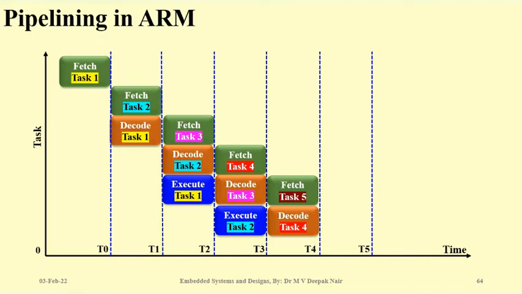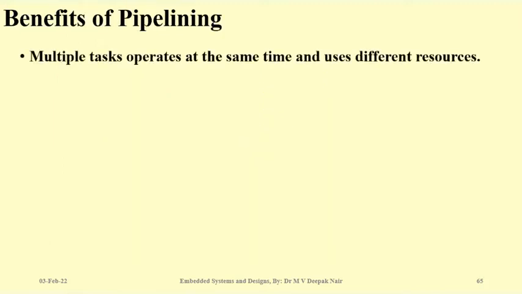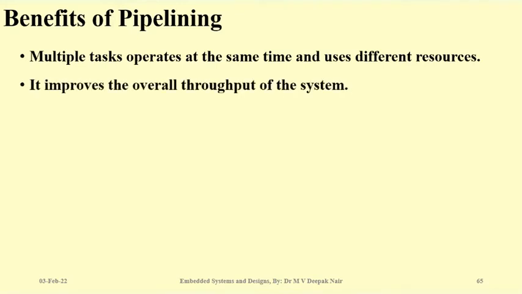Now, coming to the benefits of pipelining. What is the benefit? Of course, you can do multiple tasks and they can be completed in a very small time period. It improves the overall throughput. What is the meaning of throughput? Have you heard of this word throughput?